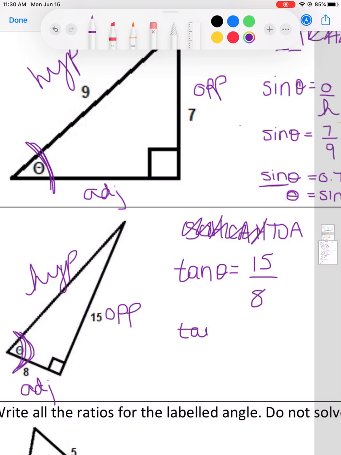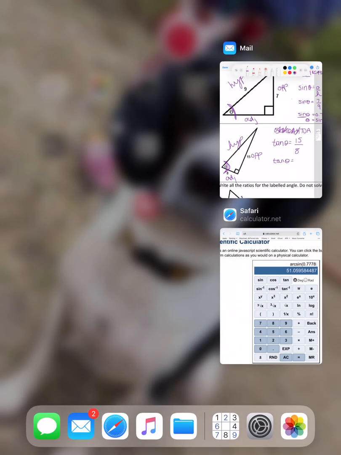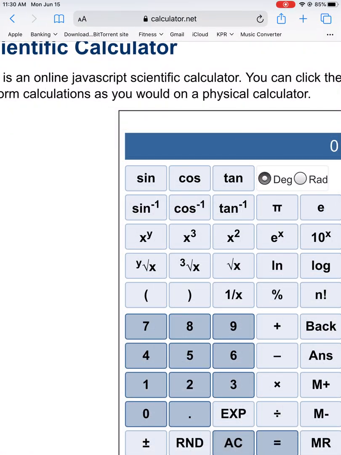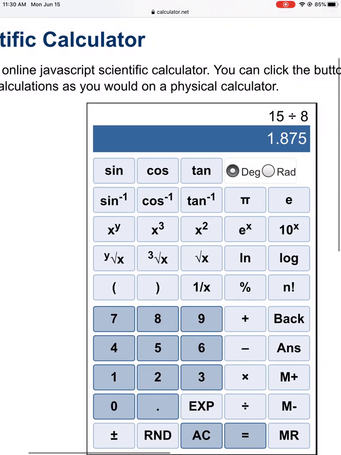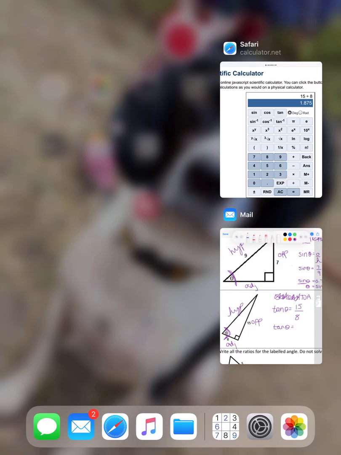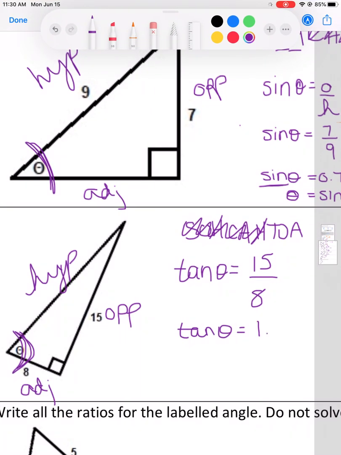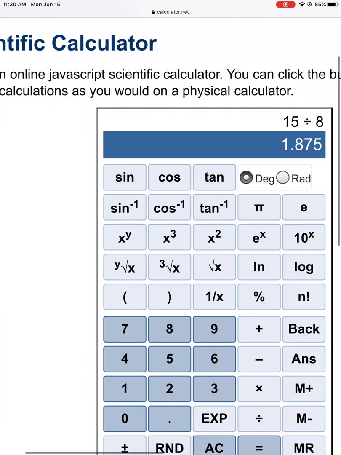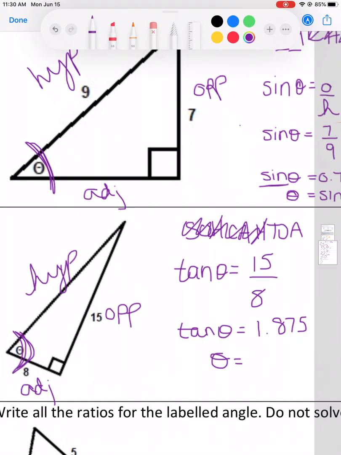So tan theta is equal to 1.875. The angle is 61.9, or we can just say 62.